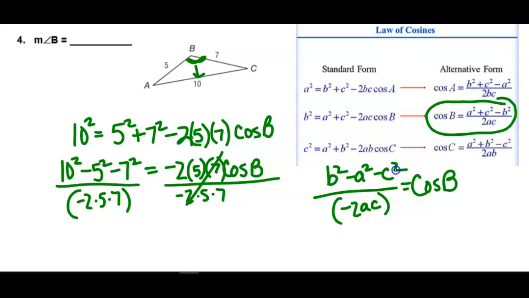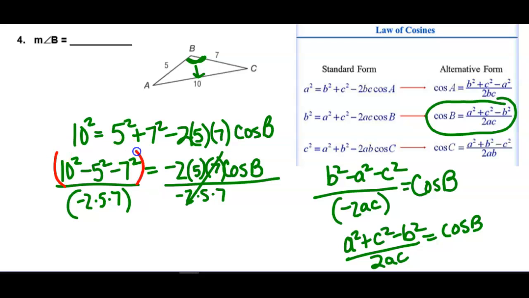So that would change all the signs. So that's where they got a positive a squared and c squared and a negative b squared. And then it's all over 2ac. You can use that formula, it's fine. You're just going to have to write it down somewhere, okay? And make sure you follow it carefully. I'm just going to stick with doing it this way.